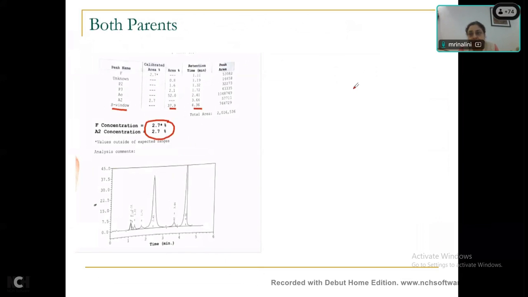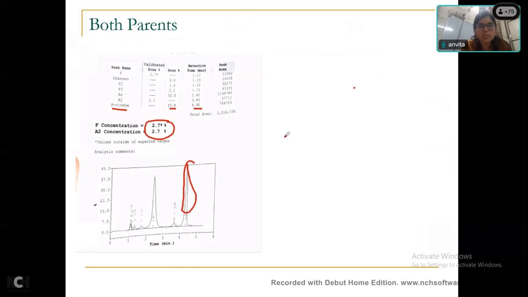Shraddha? Diagnosis of the mother. There is an abnormal peak here. Heterozygous. Heterozygous what? Heterozygous HbS.